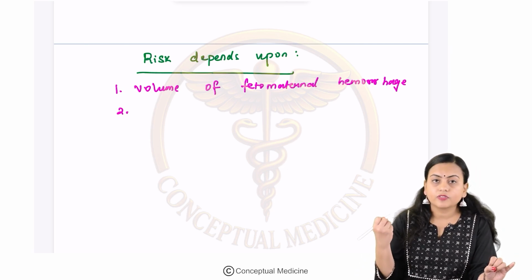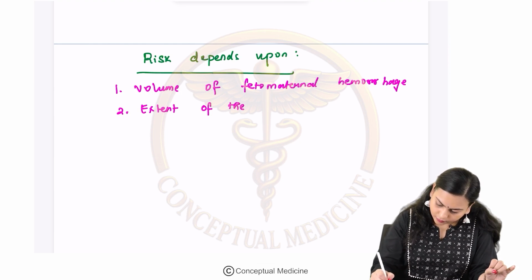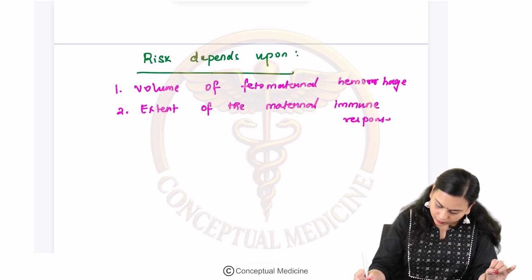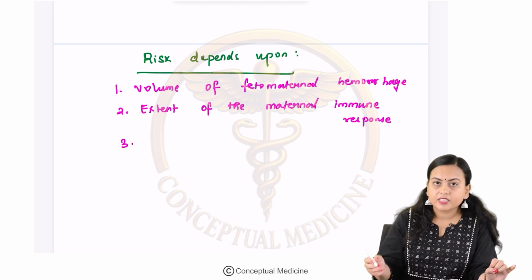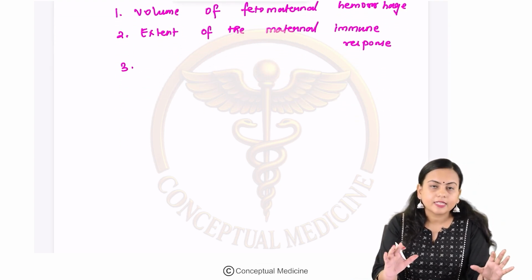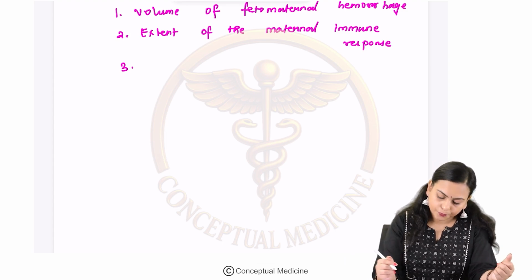Then the extent of the maternal immune response. And if there is a concurrent ABO incompatibility also, okay, and remember, when there is a concurrent ABO incompatibility, the risk is going to reduce, okay, it reduces by 1 to 2%, okay.